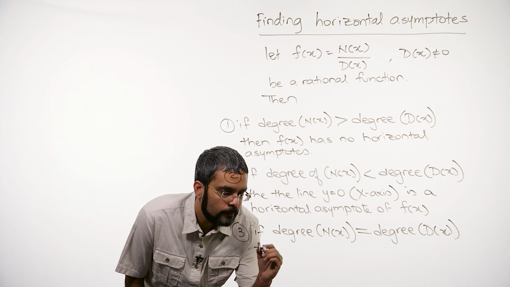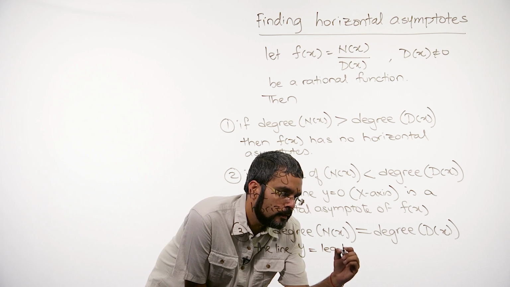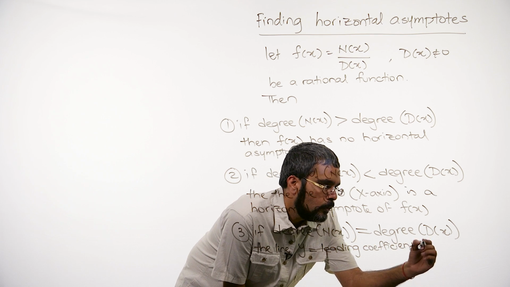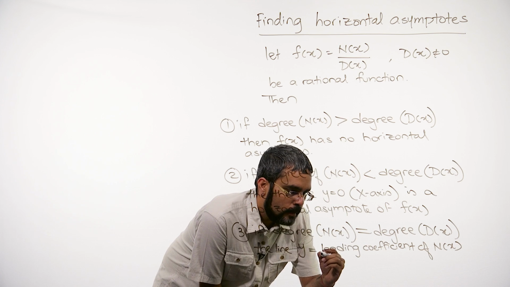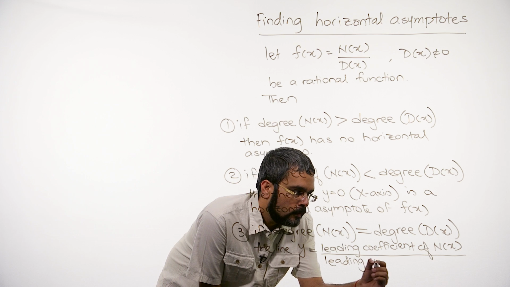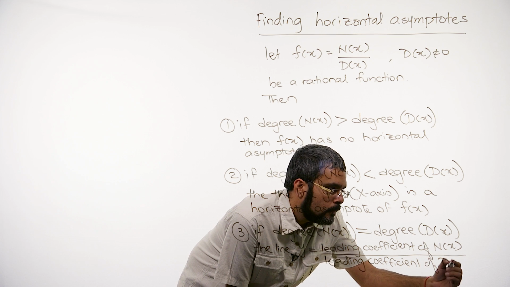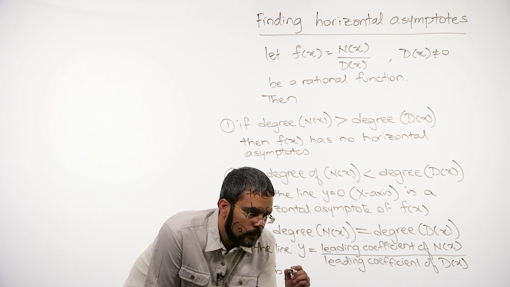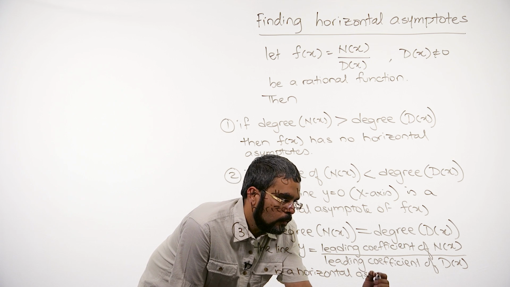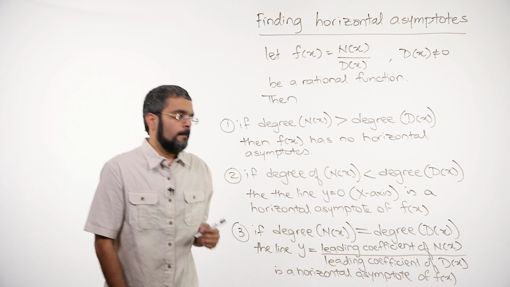So the line y equal to the leading coefficient of N(x) divided by the leading coefficient of D(x) is a horizontal asymptote of f(x).